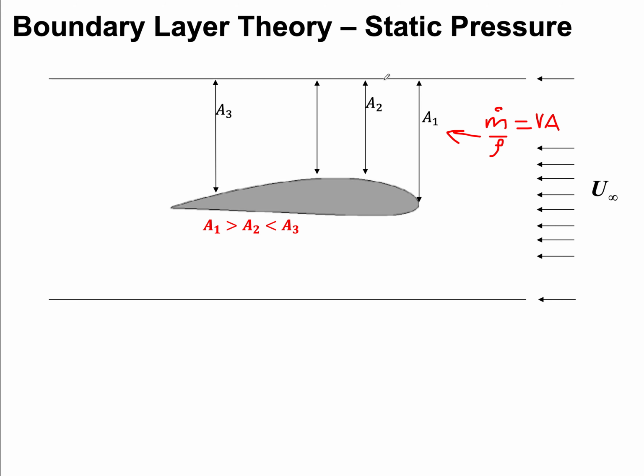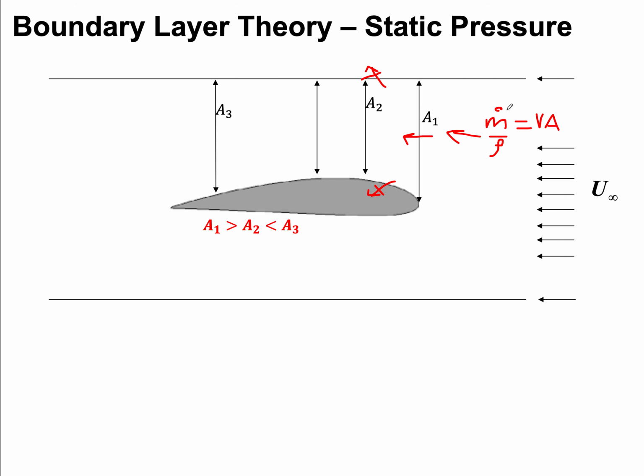And since I have no mass flow rate going out of this, all the mass flow rate is coming through my area A1. This is an impermeable surface, so there is no mass flow rate crossing the airfoil, and that's a streamline, so there is no mass flow rate going through it.